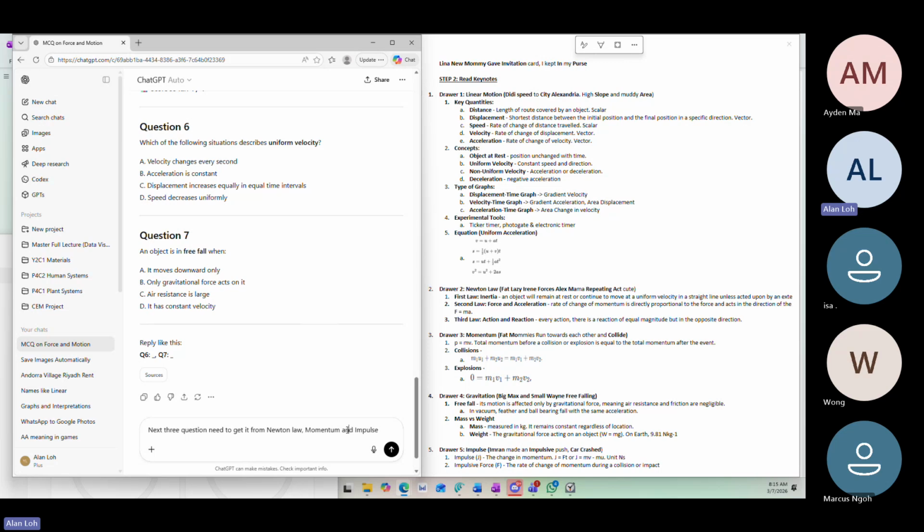All right, B and B. Drawer 1, yes. So 6 is B, 7 is B. Is that right? Question 7 is B, free fall. Okay.